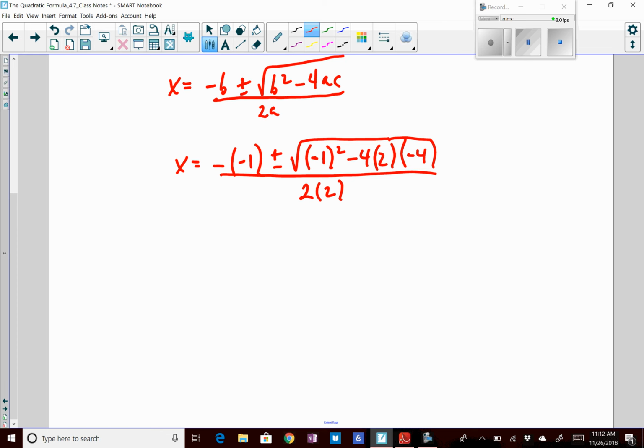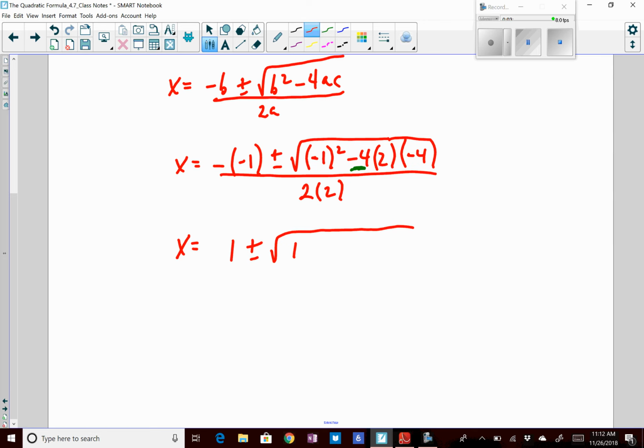Next thing we want to do is to start to calculate. So x equals -1 times -1 is +1, plus or minus the square root of, so -1 squared is 1. Now what you want to do when you're calculating this, always treat this as a -4 and multiply it to the two other numbers, to a and c.